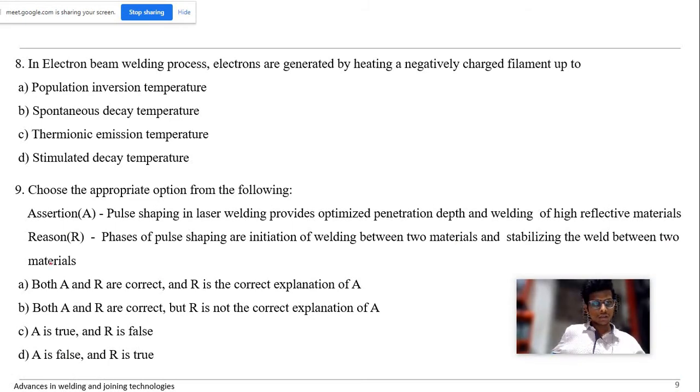Yes, both A and R are correct. Because of pulse shaping you can control whatever the application needs, like if you want penetration depth, or if you are welding highly reflective materials like aluminum, pulse shaping is required. So both A and R are correct and R is the correct explanation of A.